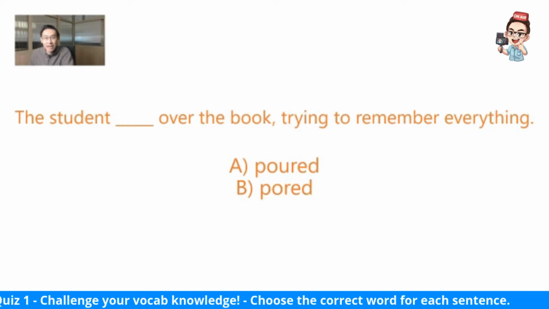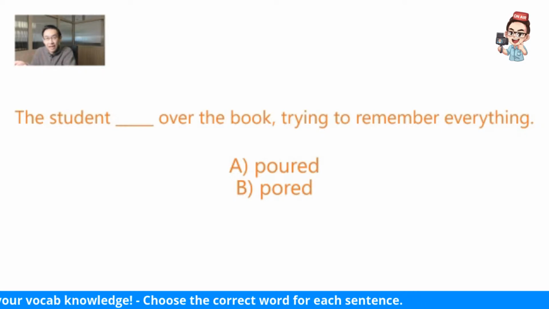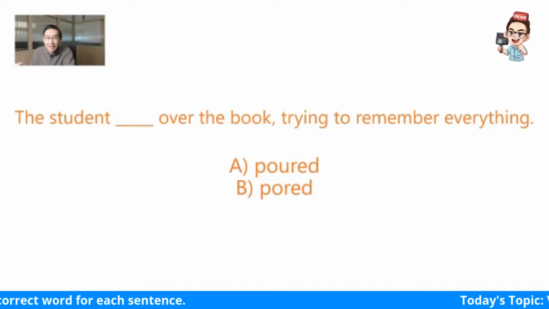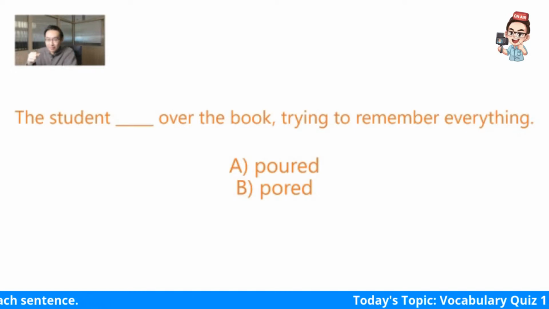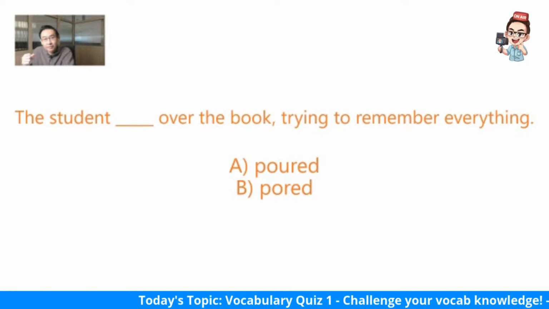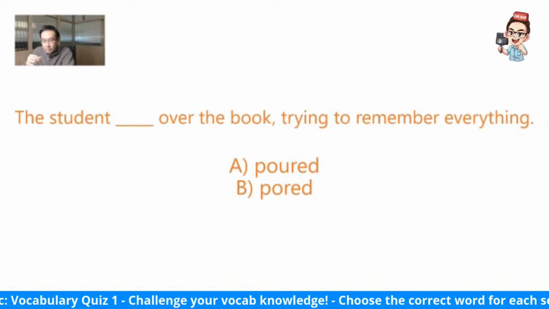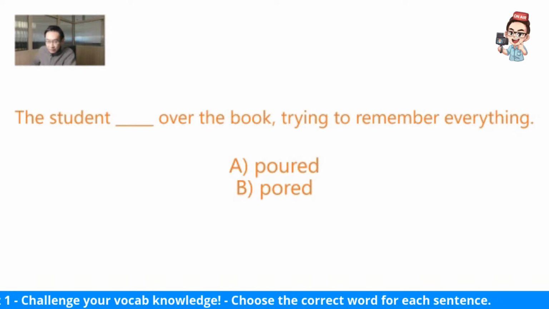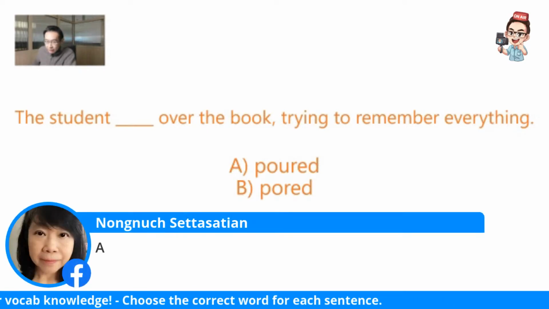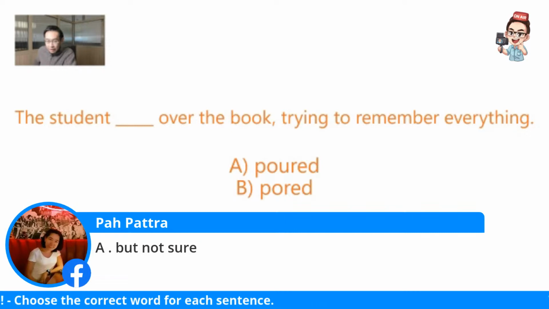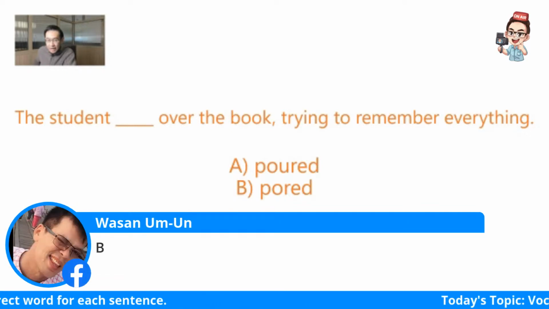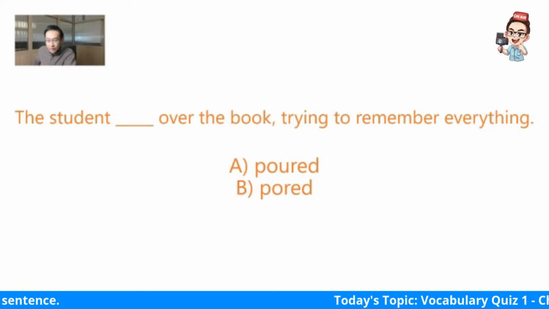Come on, have a guess. Either A or B. What's the best for this blank? Okay, we have three answers. So we have A, but not sure, and we have B. Okay, thank you for participating.